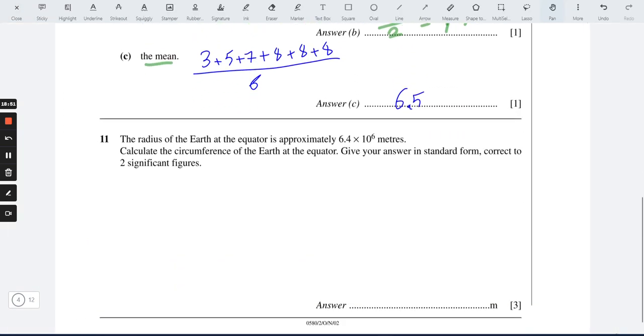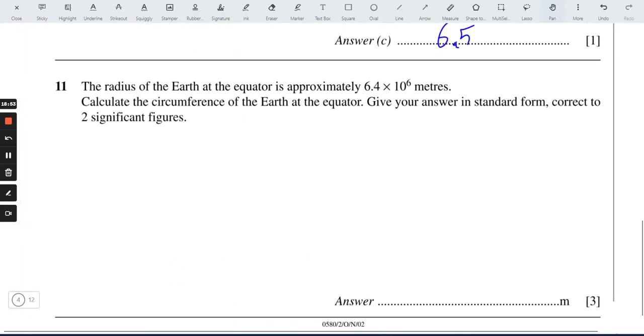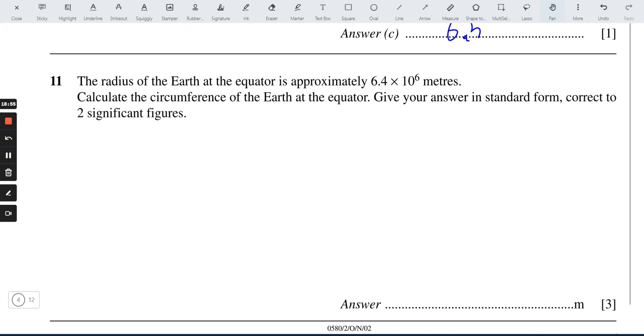Now question 11. The radius of the Earth at the equator is approximately 6.4 times 10 to the power of 6 meters. Calculate the circumference of the Earth at the equator. Give your answer in standard form correct to 2 significant figures.